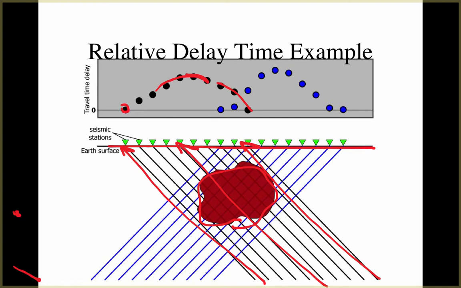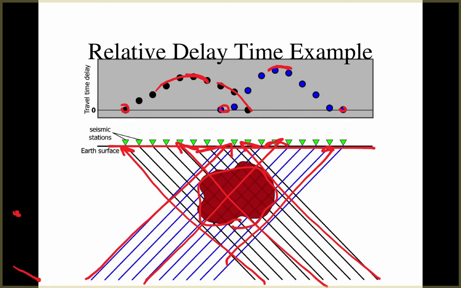Imagine seismic waves coming from an earthquake on the other side of the Earth. I can see the same pattern in a different place. This seismic station now sees a normal Earth. This seismic station sees the main effect of the body. This seismic station sees the normal pattern again.